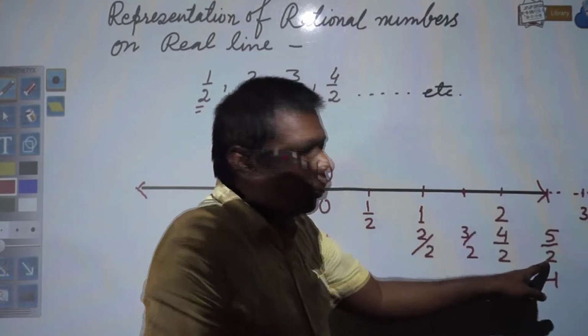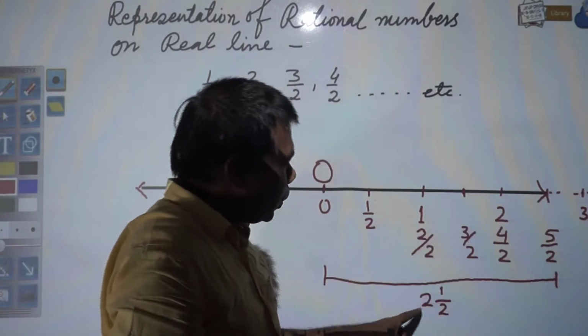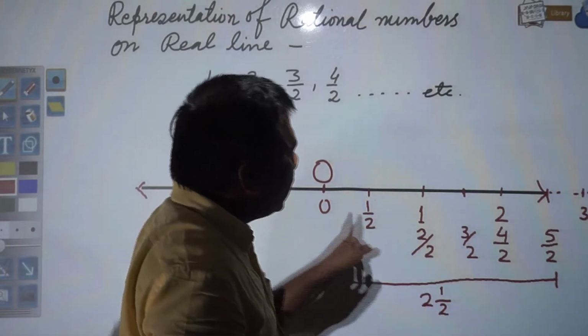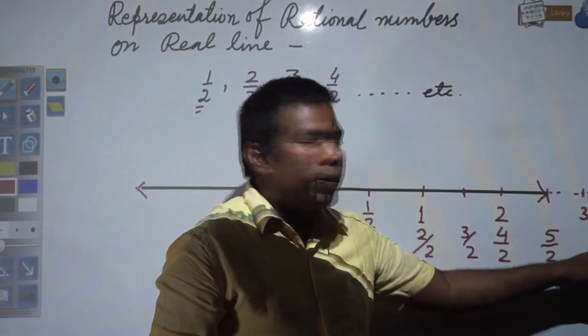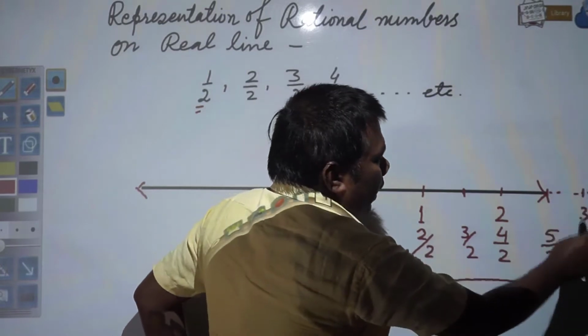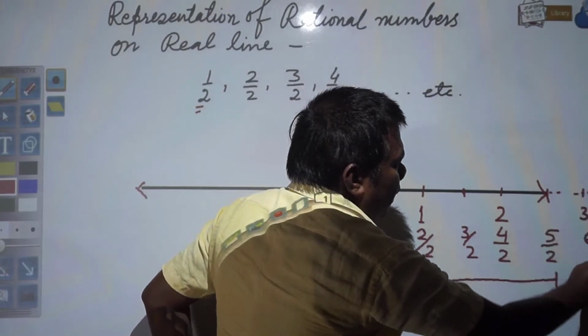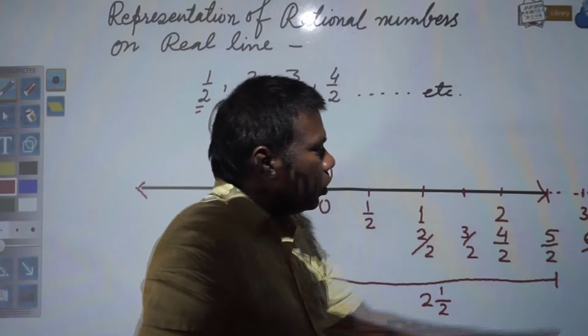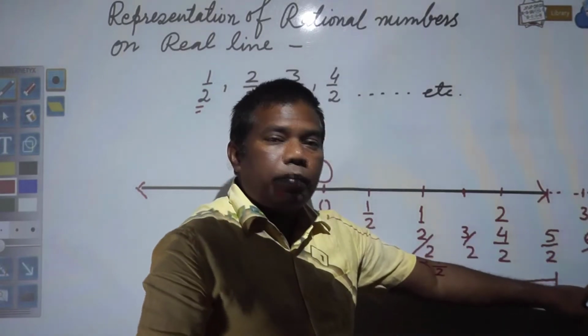So if you are showing 5 by 2, you are showing 2 whole 1 by 2, and in this way it can be represented. Here again, for 3, this can be written as 6 by 2. If you cancel this, you will get 3.